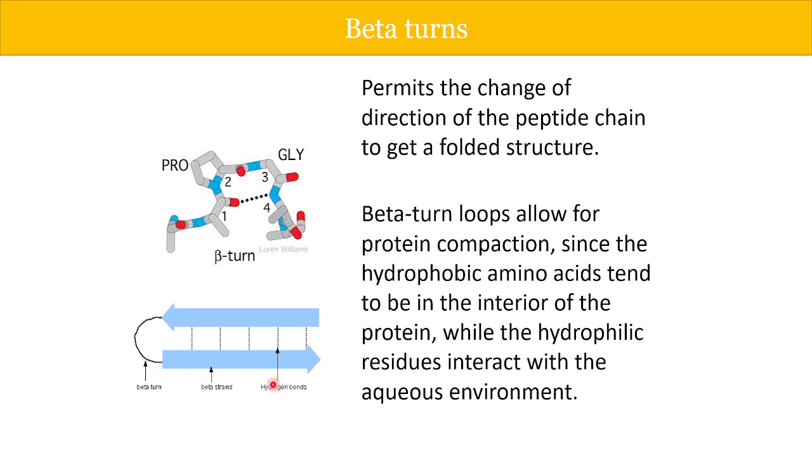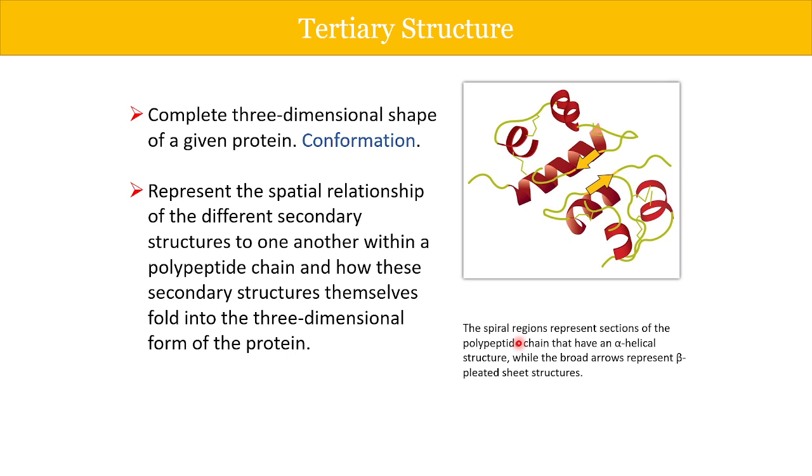You see that the anti-parallel beta strand is forming fantastically. So it permits the change of direction of the peptide chain to get a folded structure, and beta turn loops allow for protein compaction, since the hydrophobic amino acids are on the inside of the protein and polar residues tend to be on the outside, so beta turns are a more favorable one.